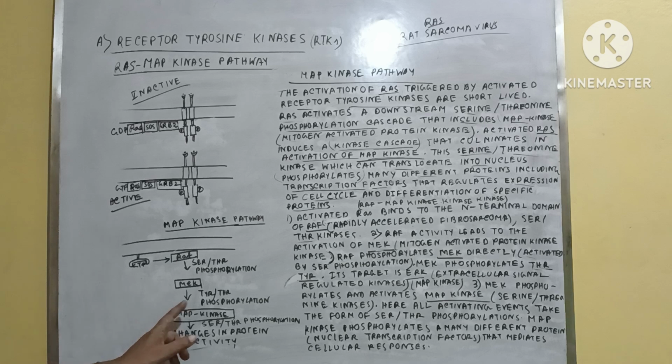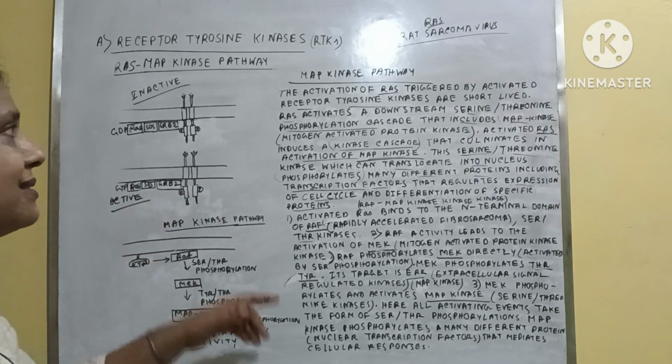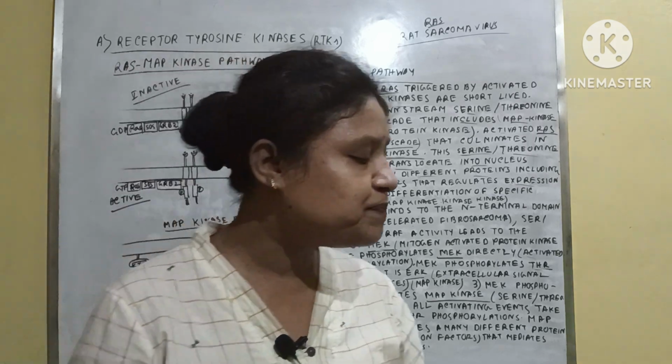When the MAP kinase is activated, serine threonine phosphorylation starts again, and when phosphorylation is completed, the protein activity changes, that is, the signal transduction process is occurring. So this is the MAP kinase pathway.